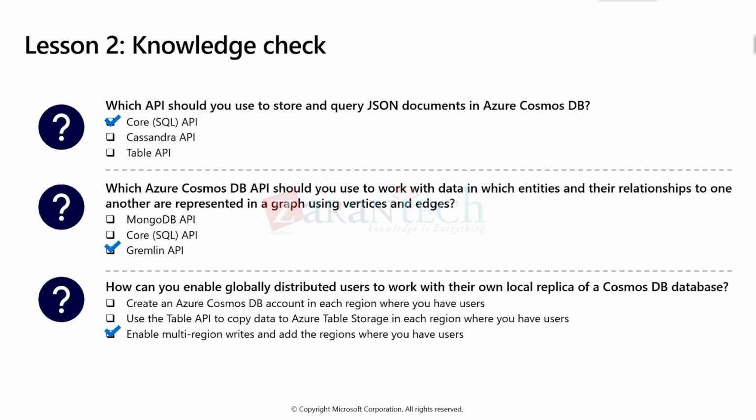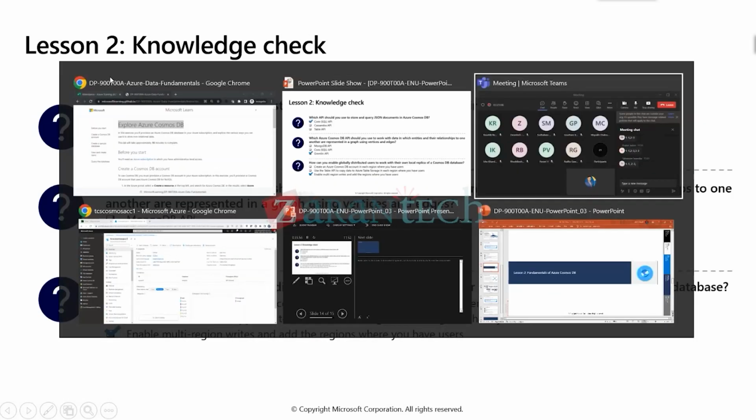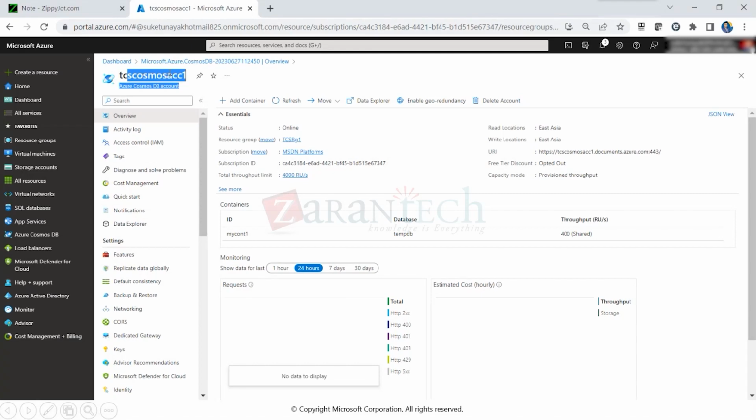Suketu, why not option number 1 for the third question? In which you have seen, how can you enable globally distributed users to work with their own local replica of Cosmos DB? So if they are globally distributed users, they want to read from the local replica, meaning the local region where they are. Creating a Cosmos DB account in each region where you have users is not possible. It is not like you create a separate Azure Cosmos DB account in East Asia, another account in Southeast Asia, another account in East US.